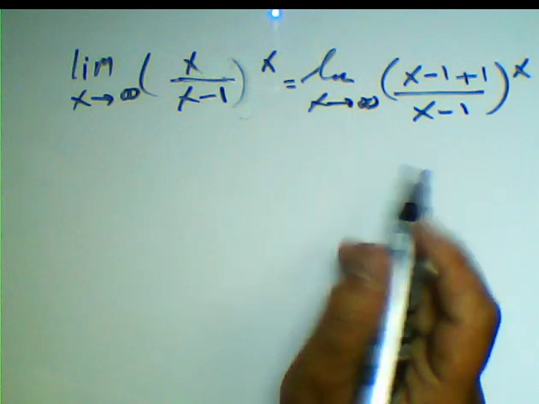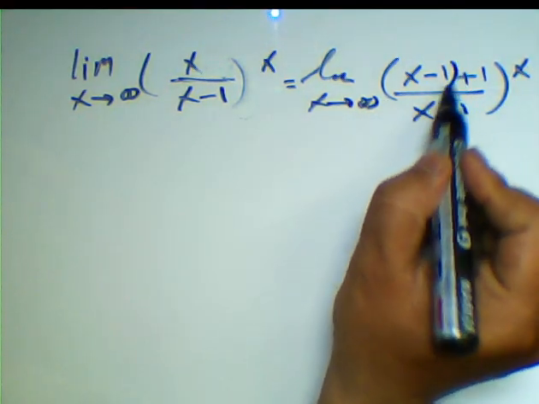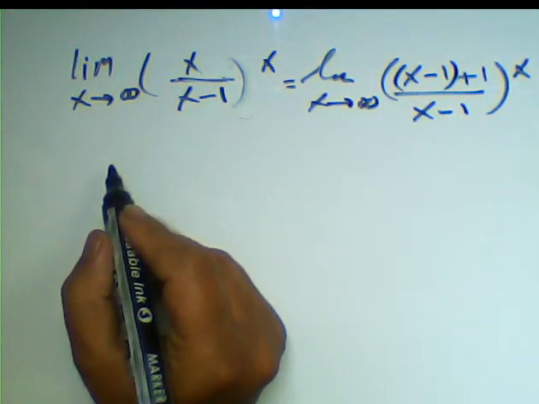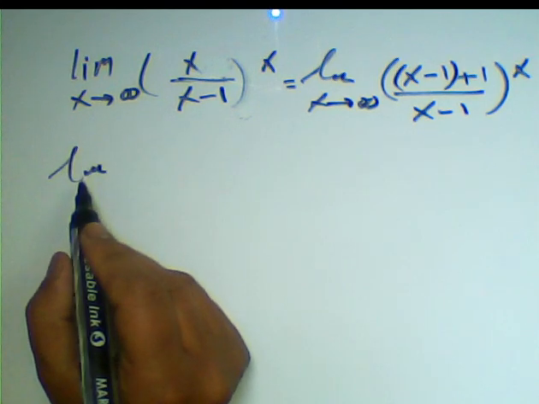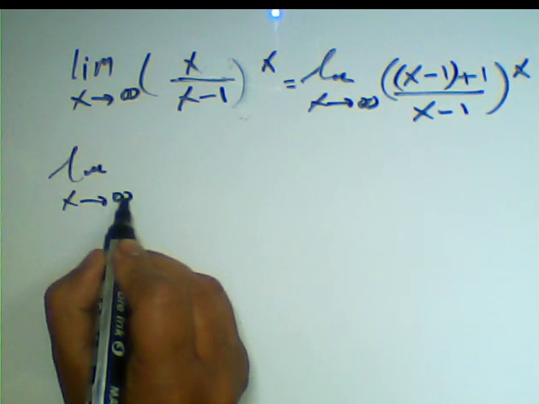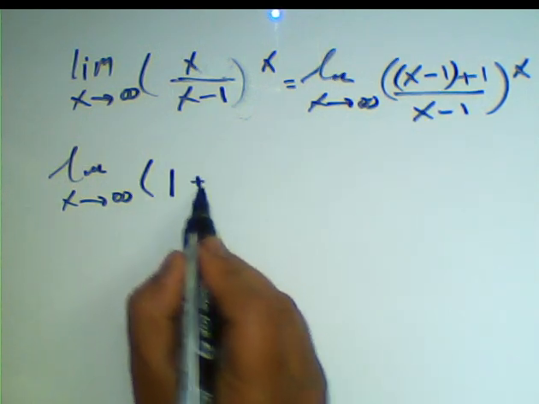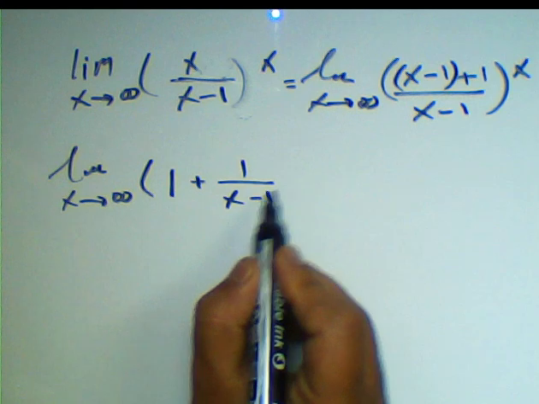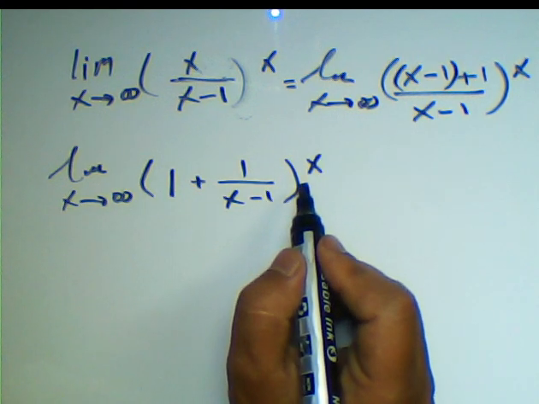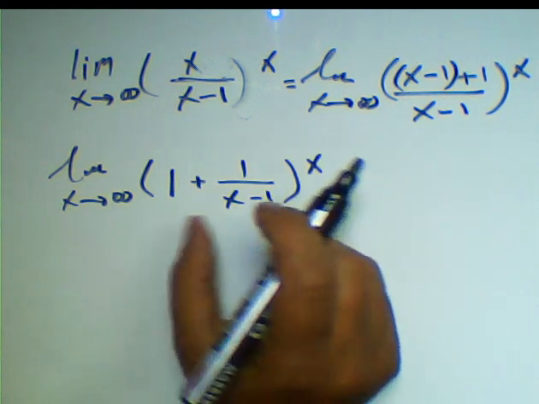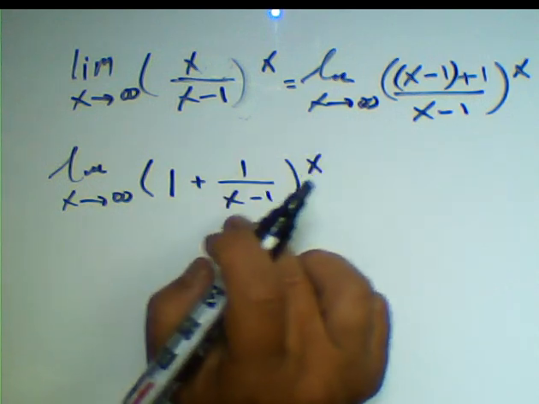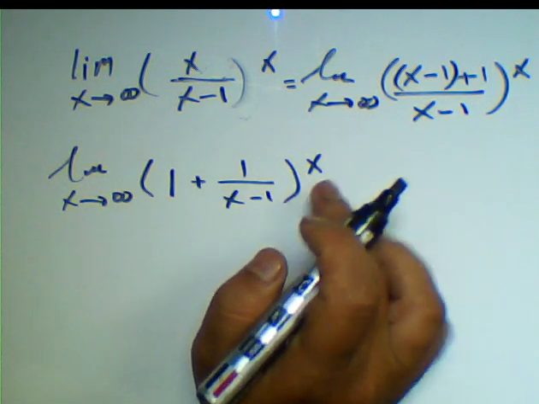Why do we do it? To find x − 1 over x − 1 equal to 1. We can write the limit when x approaches infinity. The first result here will be (1 + 1/(x−1))^x.